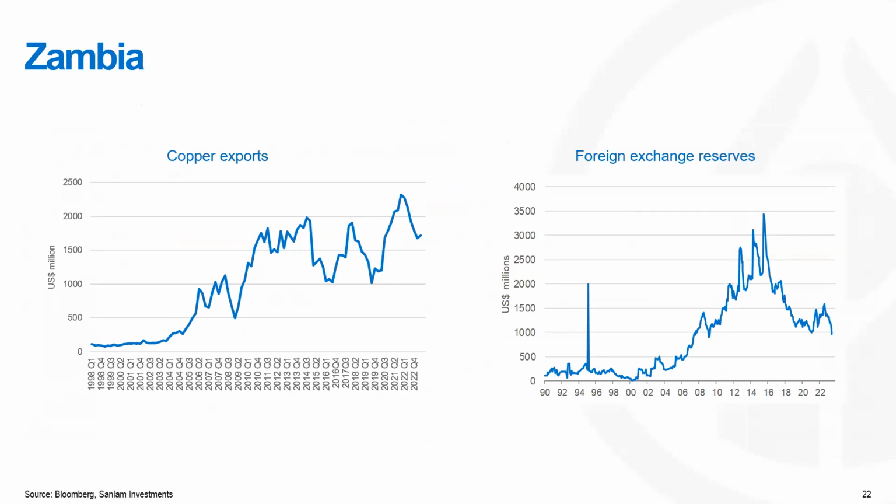Of course, there is also the fact that it's a commodity producer, and so a lot depends on copper exports. Prices have been down, but at least relative to the last number of years, not down so much. So not particularly concerned about that at the moment. Updated figures are hard to come by, but we know that last year non-resident holdings were about $2.6 billion, and reserves were barely enough to cover that.